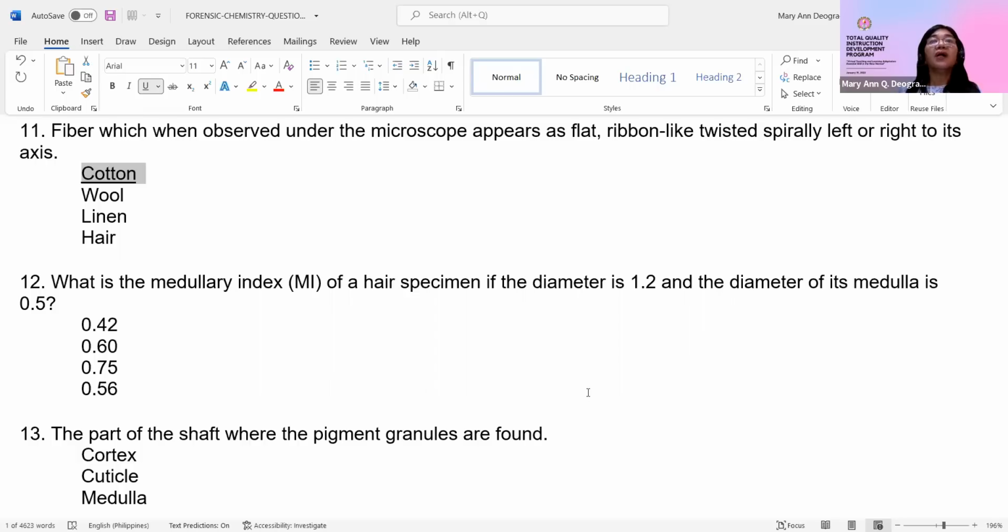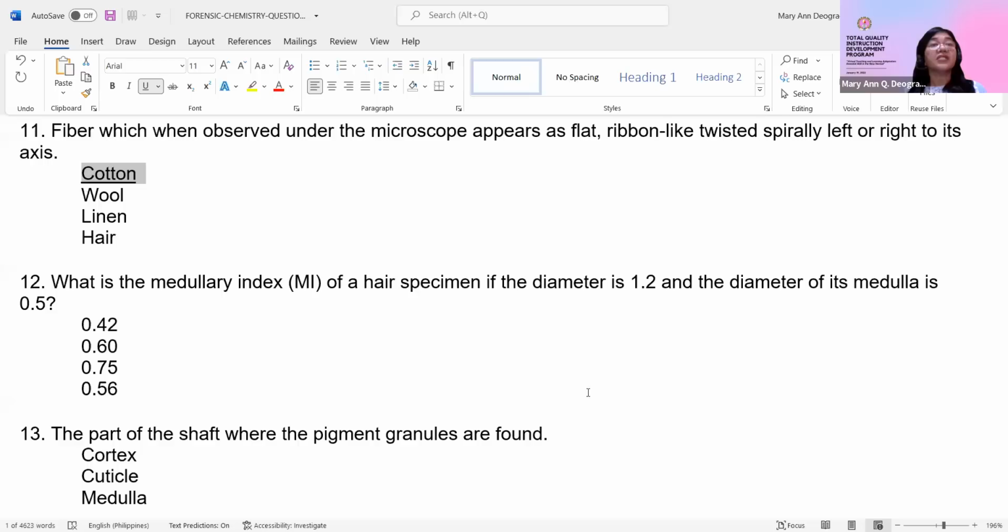So 0.5 divided by 1.2. Let's compute. That's 0.41667, so 0.42.